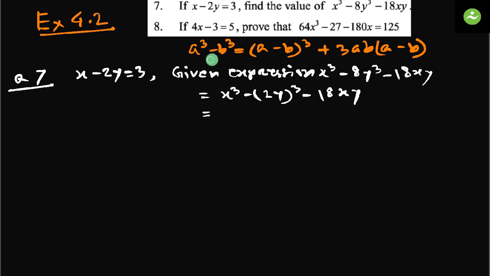Can we apply the corollary? Yes. So a minus b whole cube, here a is x, b means 2y, a minus b whole cube plus 3ab means 3 into x, b means y, 3ab into a minus b, a means x minus 2y.